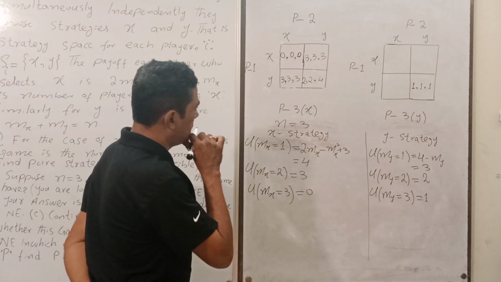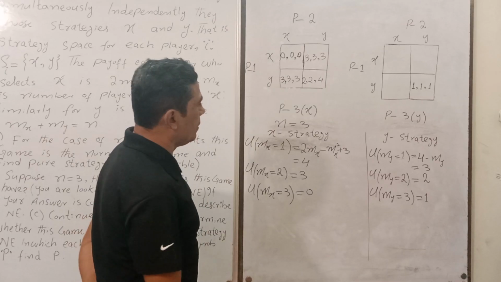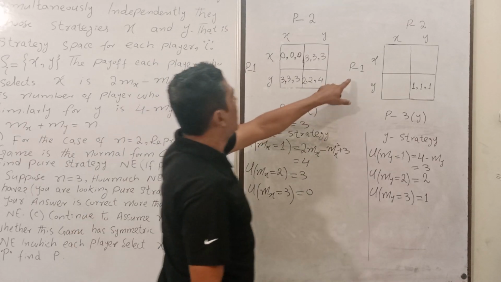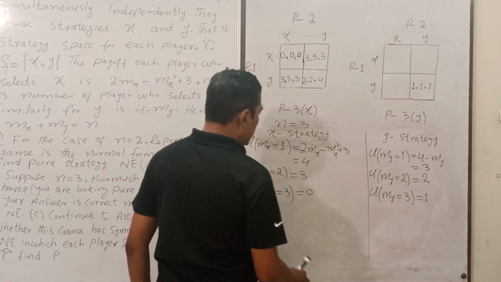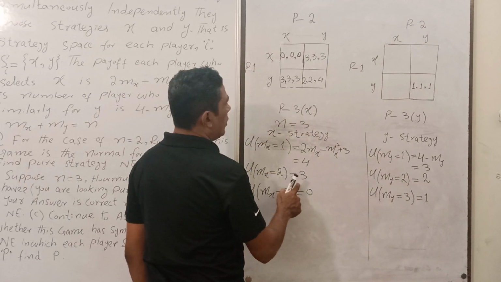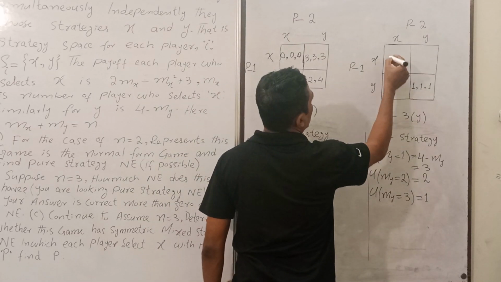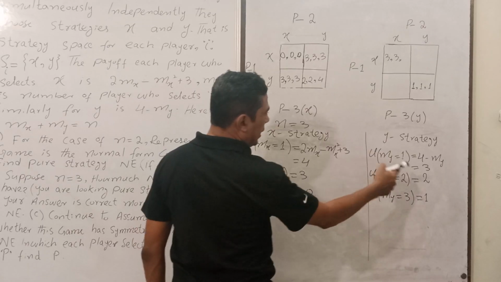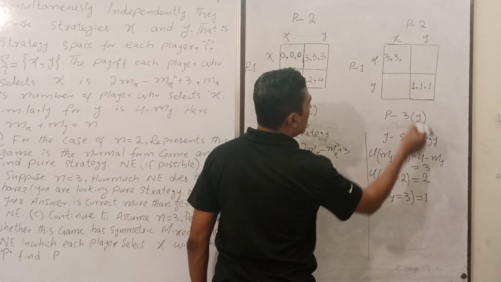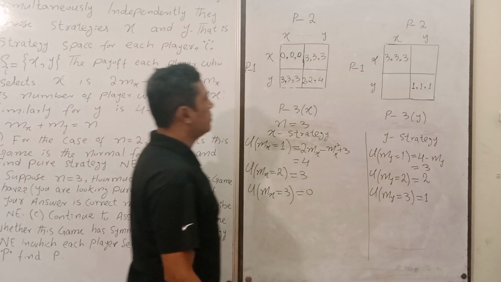And now fill out these elements. x y 2x. Okay, when mx equal to 2, so 3, 3 and y equal to 1, and this is also 3.